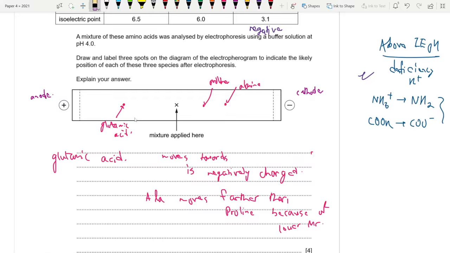It moves towards the anode, or you could say the positive pole, as it is negatively charged, right? Or you could say that as it contains COO minus, or 2 COO minus, it doesn't really matter.